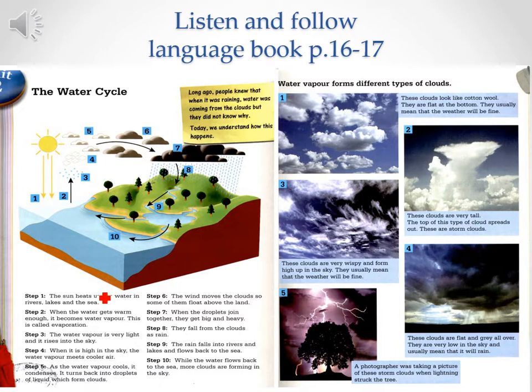Step 4. When it is high in the sky, the water vapor meets cooler air. Step 5. As the water vapor cools, it condenses. It turns back into droplets of liquid which form clouds.